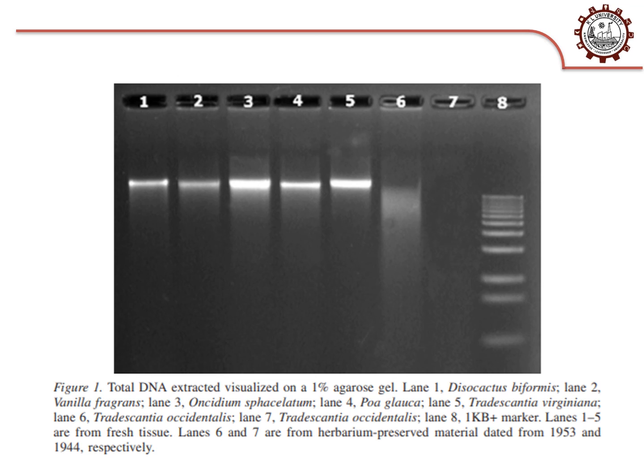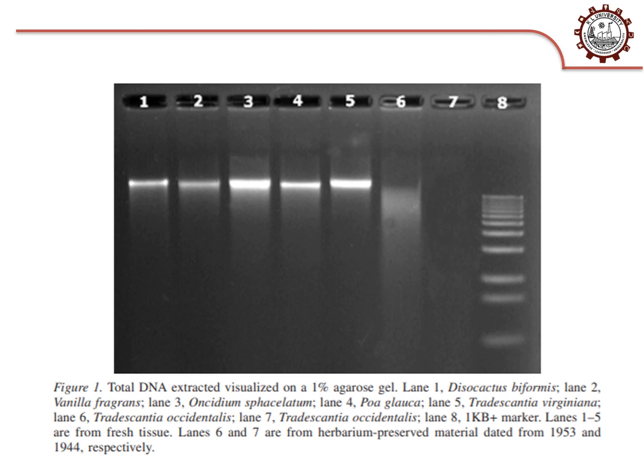The fourth one is Poa glauca. It belongs to the Poaceae family and is mostly known as white blue grass. It is commonly present in Arctic and alpine climates. And the fifth one is Tradescantia virginiana. It belongs to the Commelinaceae family, mostly known as Virginia spiderwort.